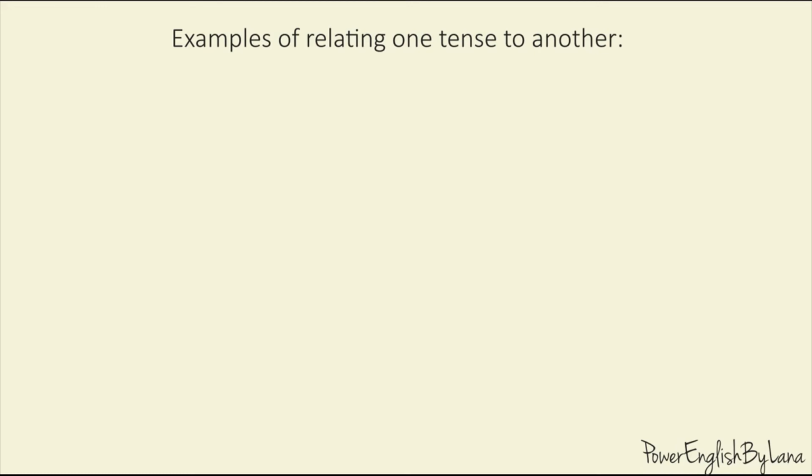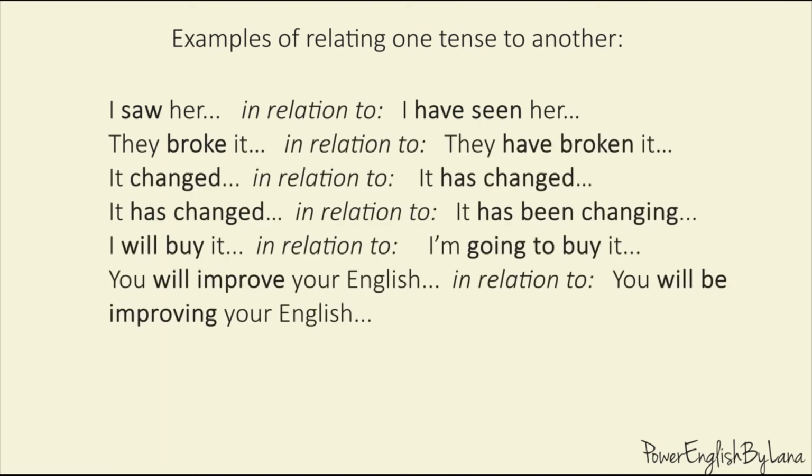For example, when to use forms like I saw her, or I've seen her, or they broke it, they have broken it, or it changed in relation to it has changed, or it has changed in relation to it has been changing.